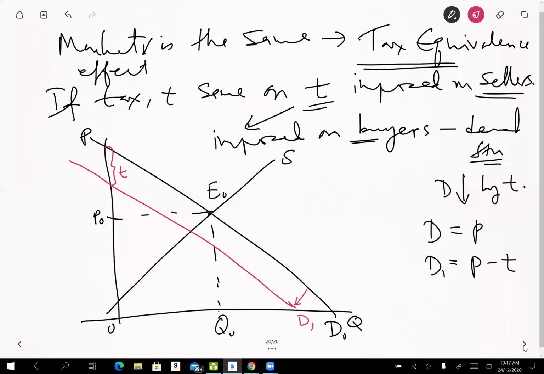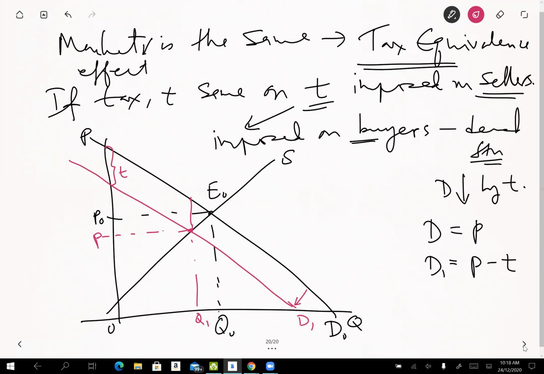Okay, so as you can see here, this is E1, but remember, due to the tax, the prices for the consumers and for the firms will not be the same. So you have here Q1, and this is that P. What P is that? You remember that is the amount of the tax.